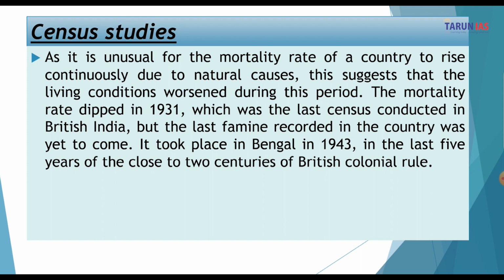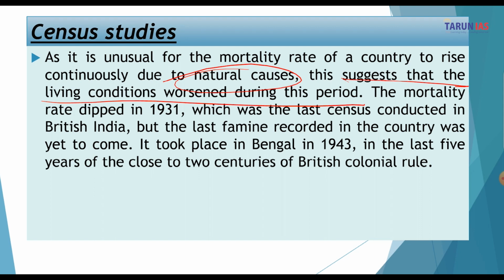Like, if there is a steady rise in the mortality rate of a country, then all this cannot be due to natural causes. There cannot be one cause for this. There has to be multiple causes for this. So, if there is a steady rise in the mortality rate according to the study, then this suggests that the living conditions of the people during the British period started to worsen.